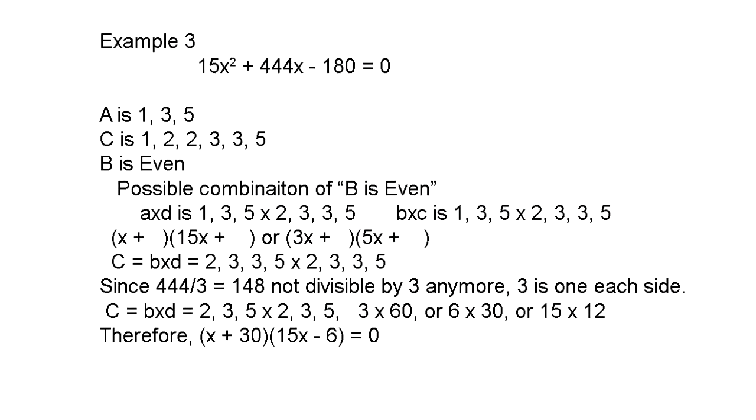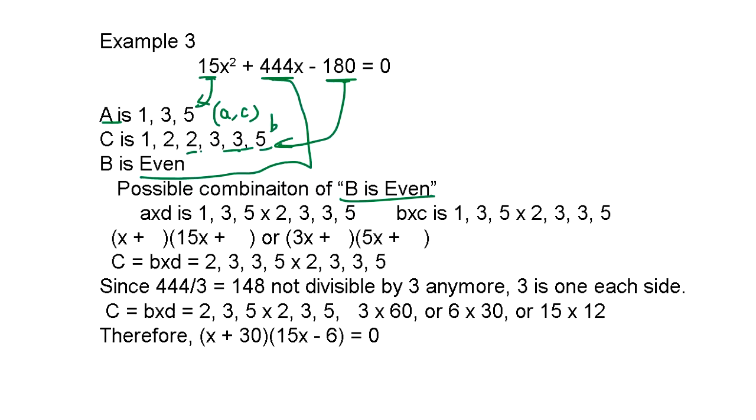Okay, last one. 15 is broken into 1, 3, 5. 180 is 1, 2, 2, 3, 3, 5. And B is even again. In order to get the even, this capital A is a times c, and we have to break capital C into b and d.